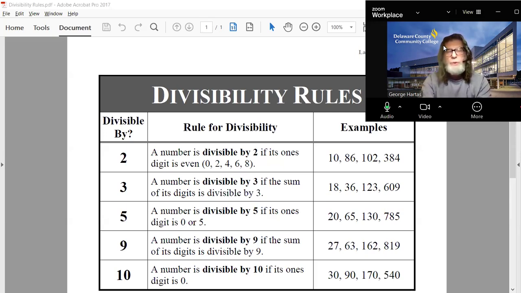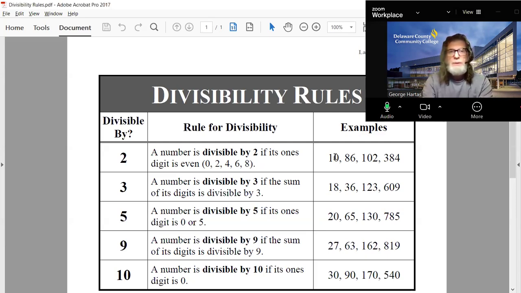So for the number 2, what does the rule say? A number is divisible by 2 if its ones digit is even. Okay, and even means that digit has to be 0, 2, 4, 6, or 8. So if we look over here, these are examples that actually work. They are divisible. So here we have 10.